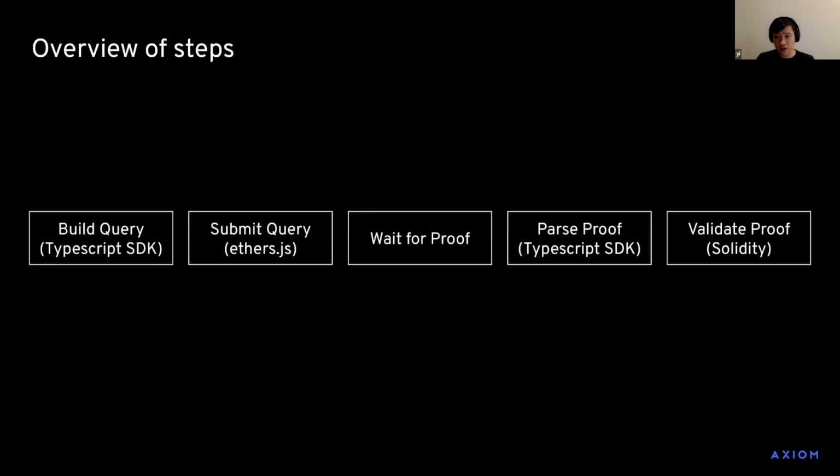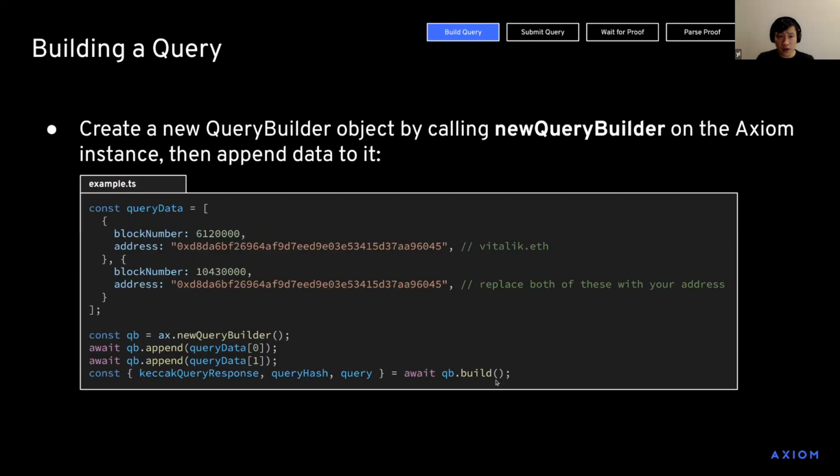Okay, so there's basically 5 steps. First, we have to build a query into Axiom. So how does that work? We create something called a query builder, and we specify what we actually want to query. We want to check the account data for this address, which happens to be Vitalik's address, at the first block, 6 million or so.